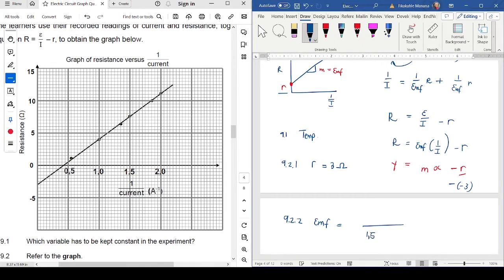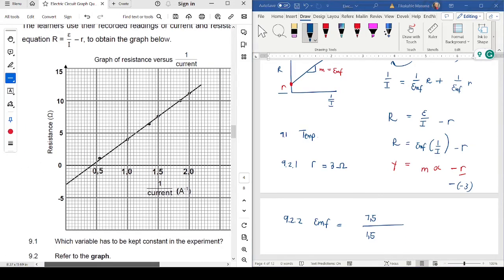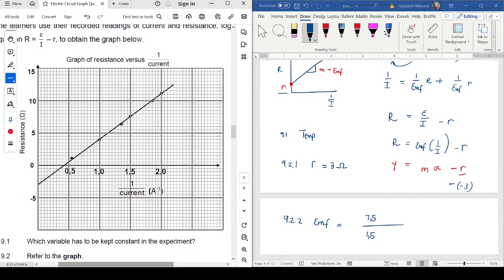Okay, 1,5 on the X, and then the Y is around, looks halfway. So 6, 7. Looks like 7.5. Okay, I'm gonna go with 7.5.